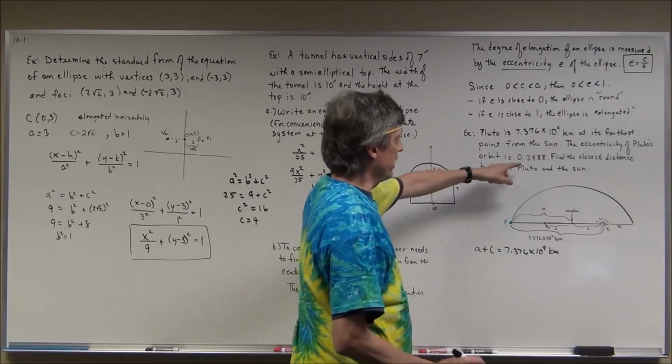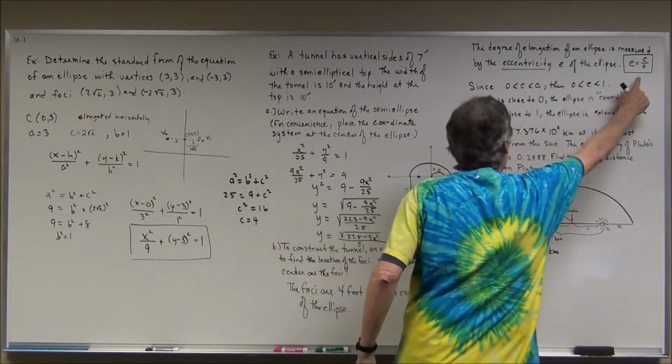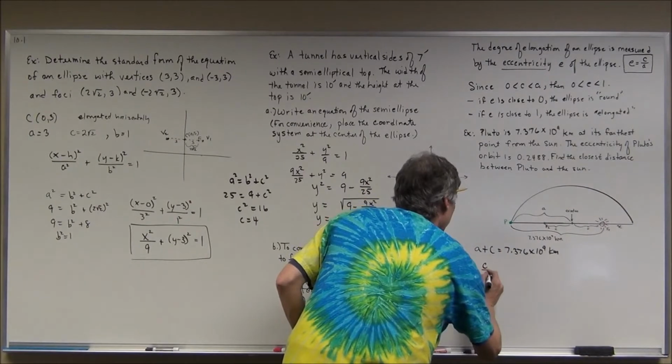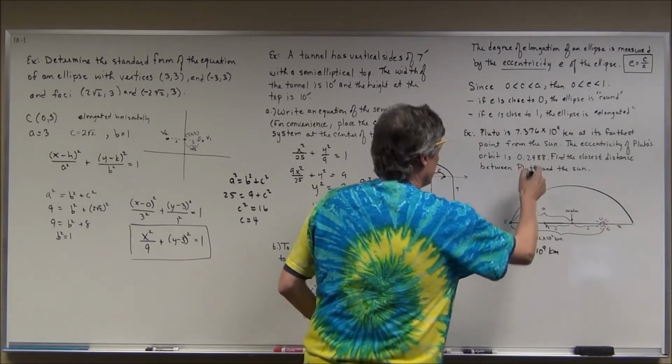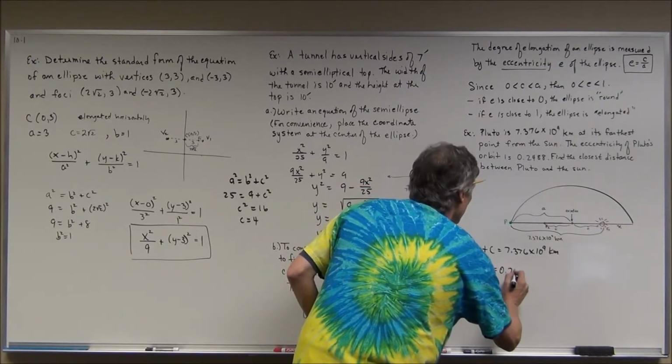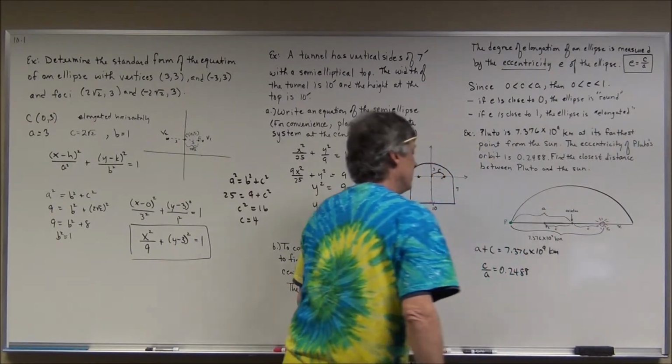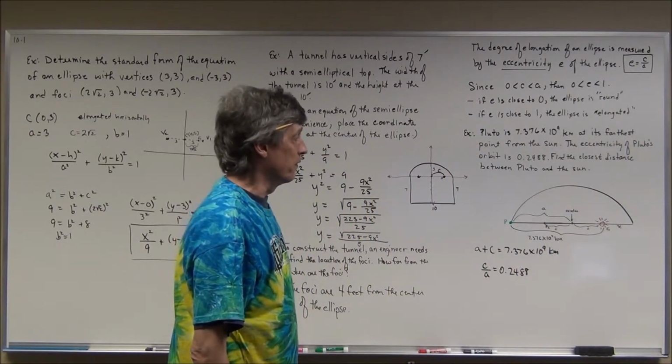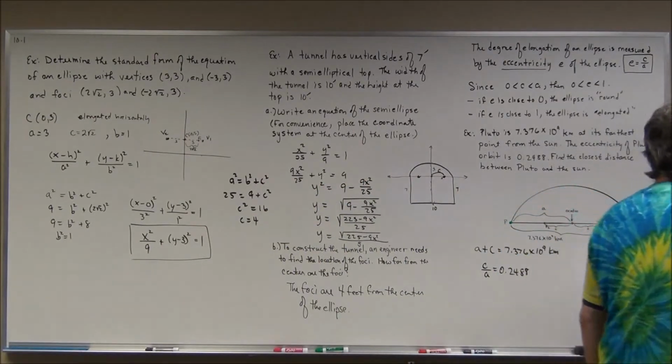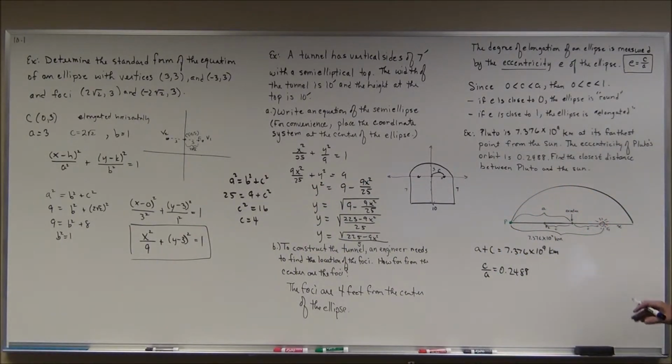I also know the eccentricity, which is c over a. So c over a is equal to 0.2488. And I have a system of equations, so I'm going to solve it.